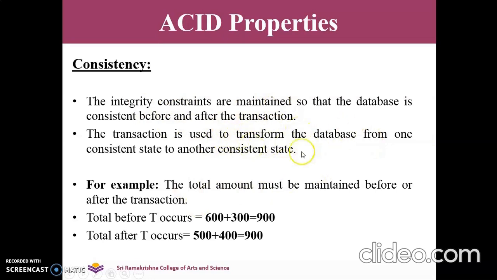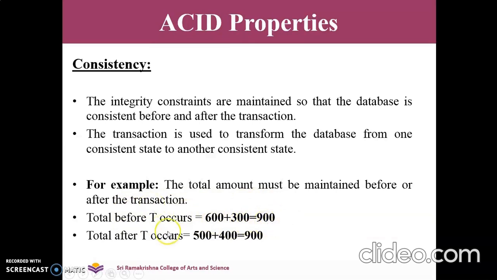The consistency property makes sure that the total value of money in both accounts is the same at the start and end of each transaction. For example, before performing the transaction, account A consists of rupees 600 and B has rupees 300, so the total money in both accounts is rupees 900.